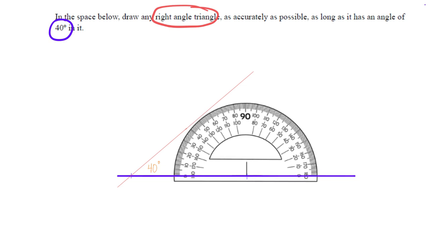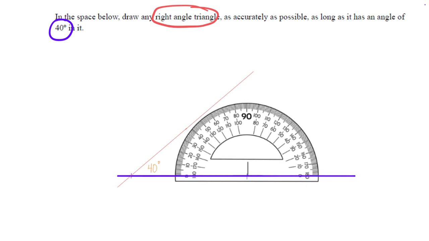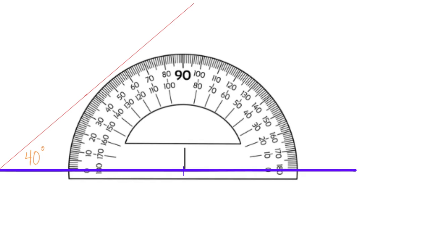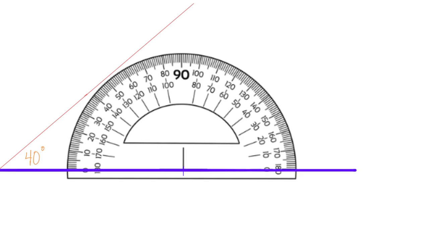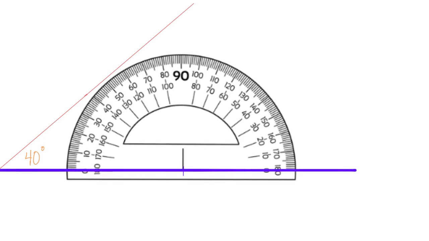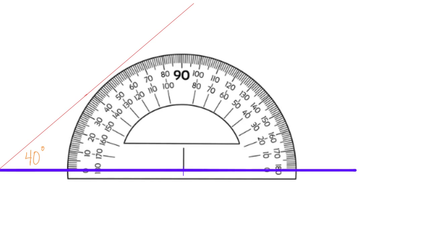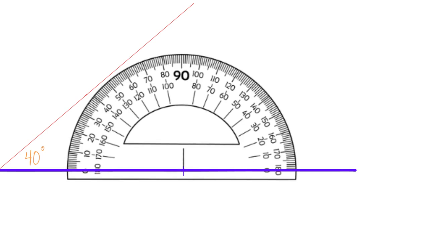And there we go. I'm going to zoom in again and try to get that protractor to line up as best as I can. Okay, I think that's pretty darn good. Human error aside, that is about as accurate as I can get.